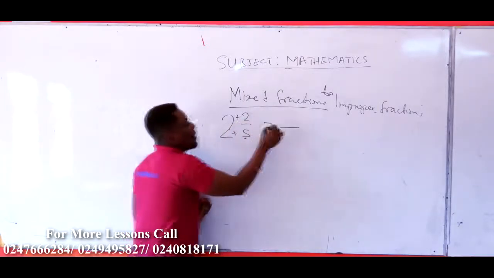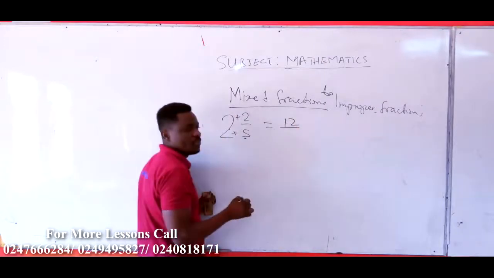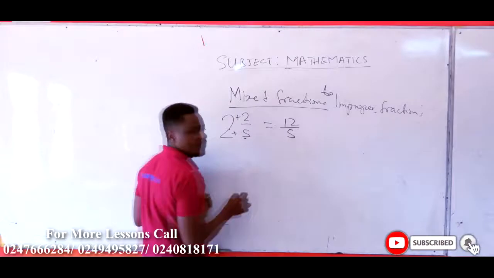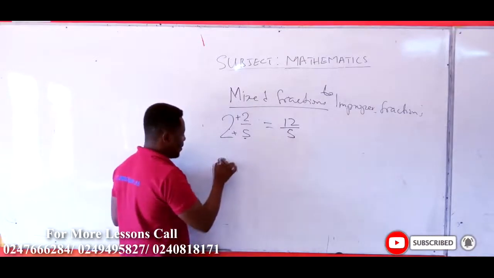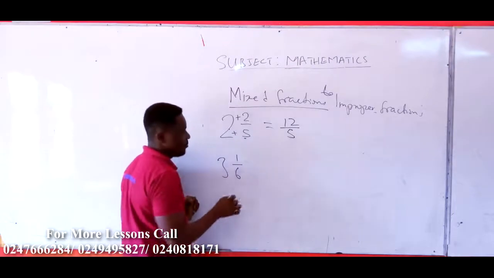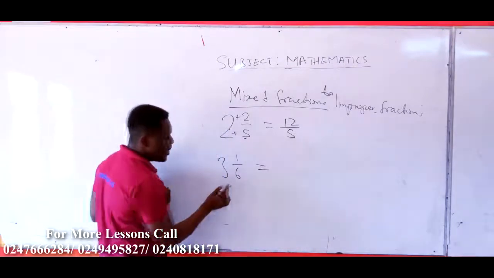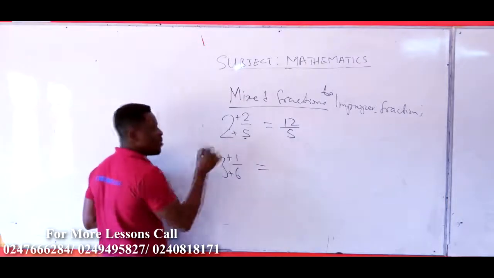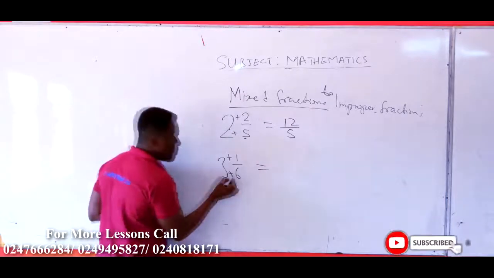Plus 2 will give me 12. Then all over the old denominator, which is 5. Okay, another one: 3 whole number 1 over 6. To get the improper fraction, you multiply the denominator by the whole number, then add the 1 to the result. So 6 times 3 will give you what?